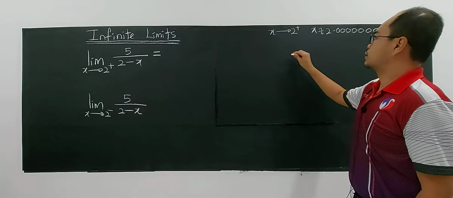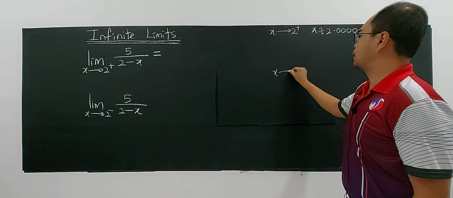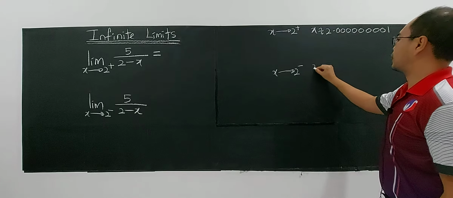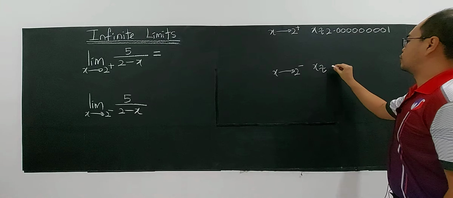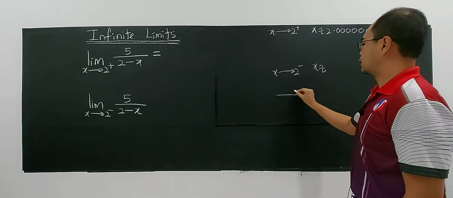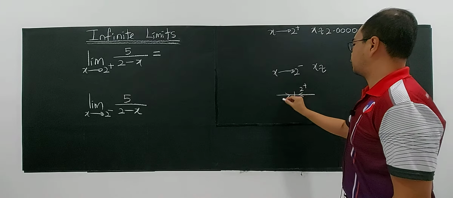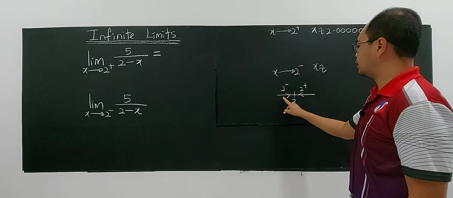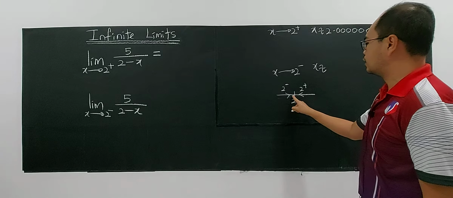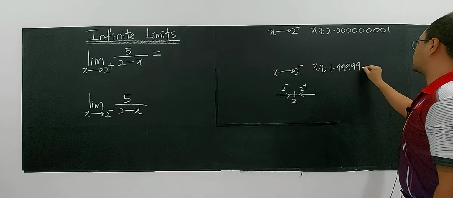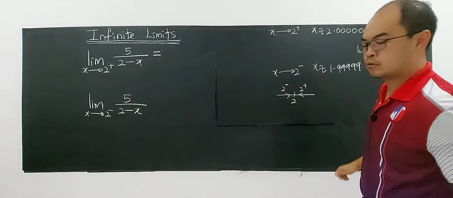So what happens when x is approaching 2 minus? x is around 2, very near, but from the left. 2 from the right is 2 plus, from the left is 2 minus. It's near to 2, but it's not 2 yet, so it's like 1.99999.